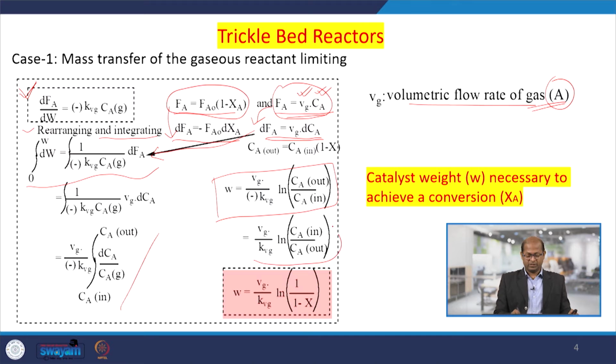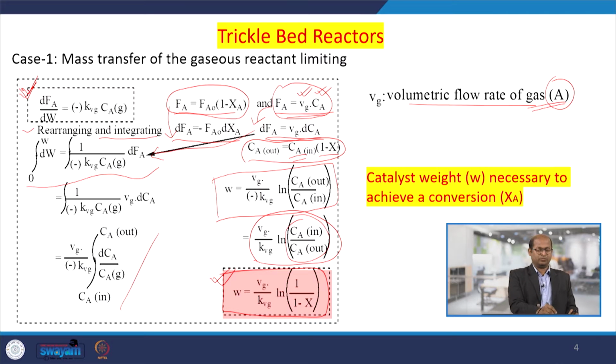And after rearranging, CA, the outlet concentration of component A, equals the inlet concentration of A into 1 minus x.